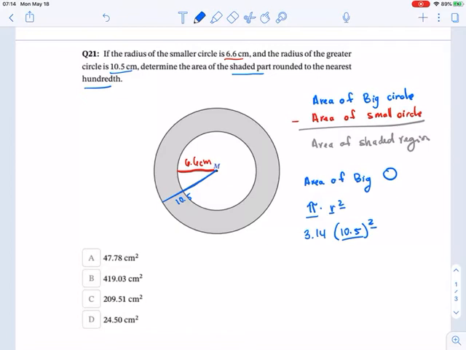Radius squared means radius times radius. This is what I'm going to type into my calculator, changed just a bit to make it easier to type quickly: 3.14 times 10.5 times 10.5, multiplying it by itself twice.